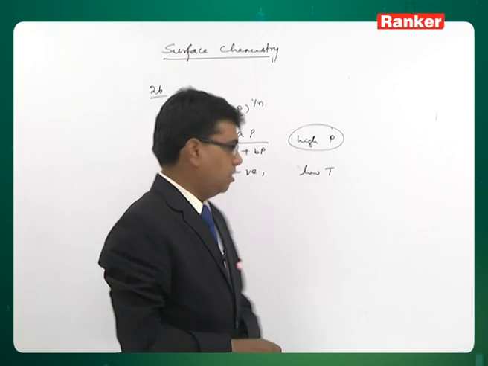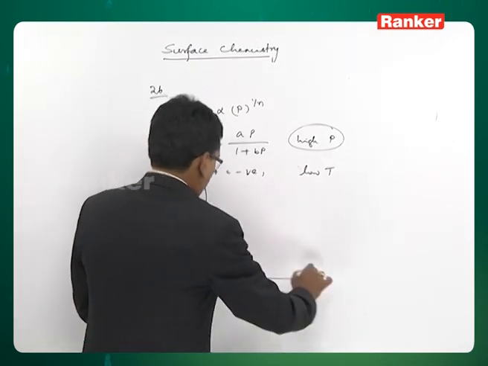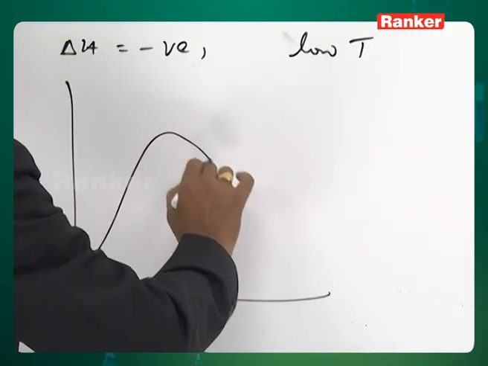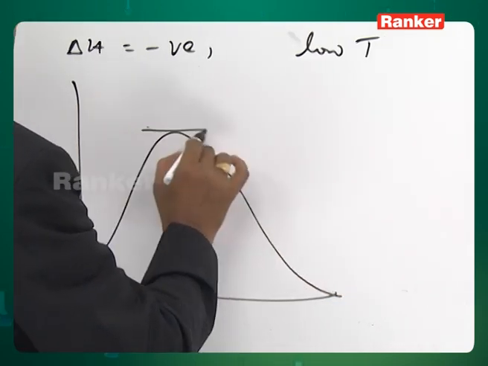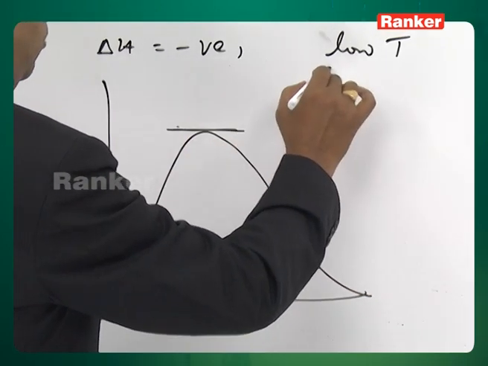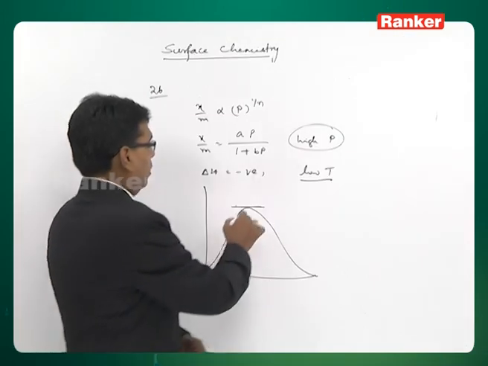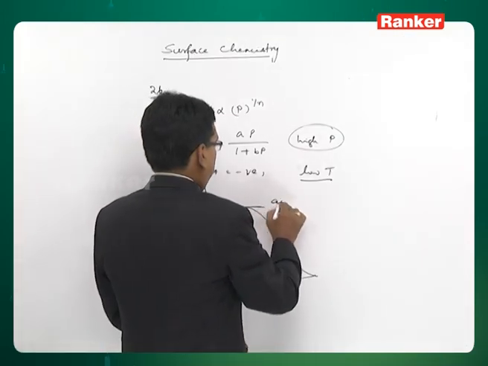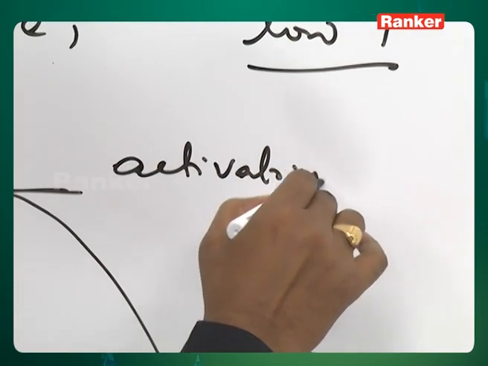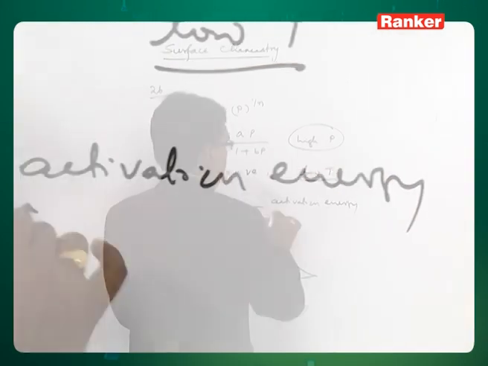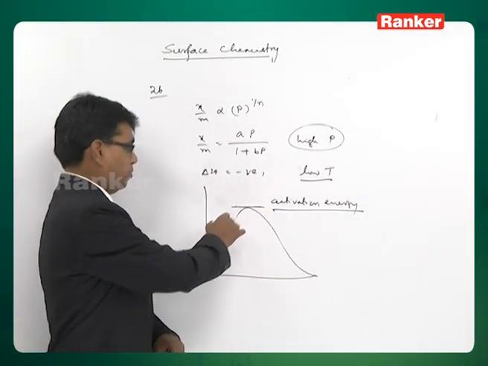In the case of chemisorption, an increase in temperature increases adsorption and then decreases it, because even though delta H is negative and low temperature is favored, it requires some activation energy. The activation energy is required for the adsorption to take place.